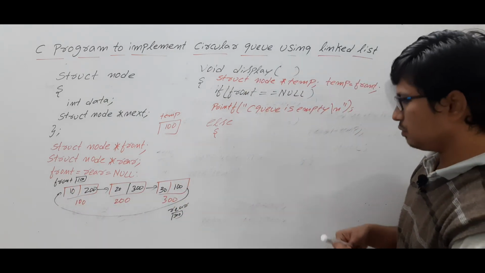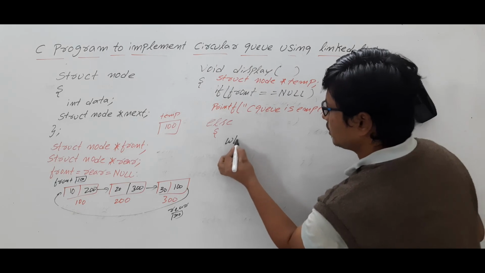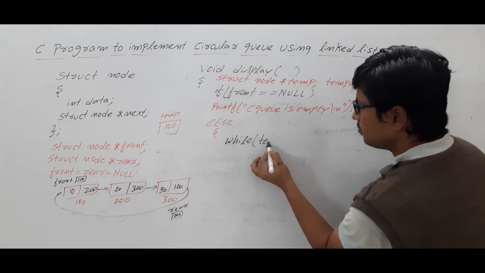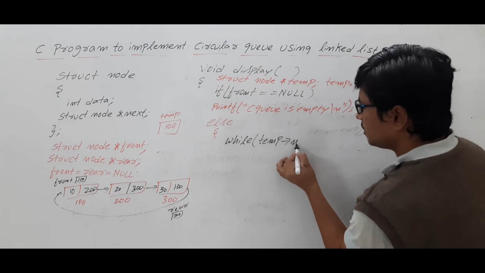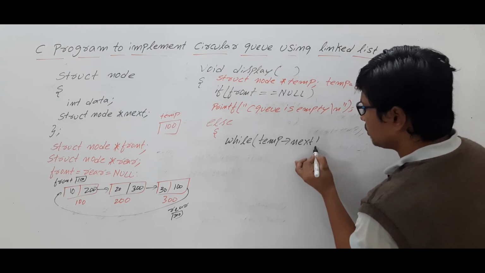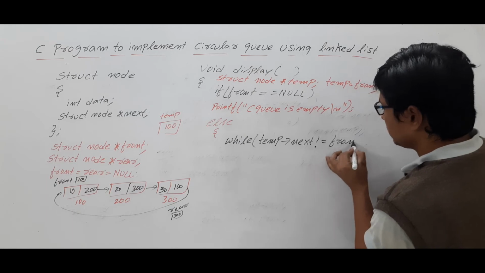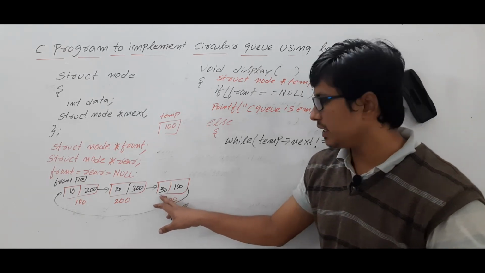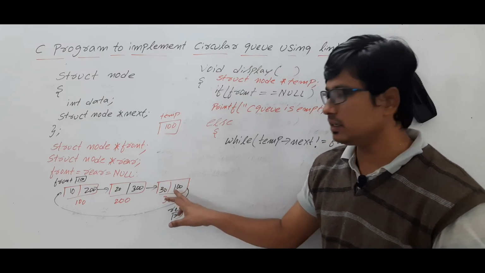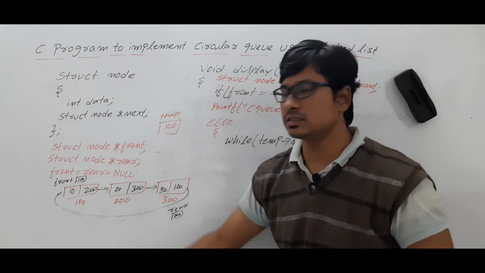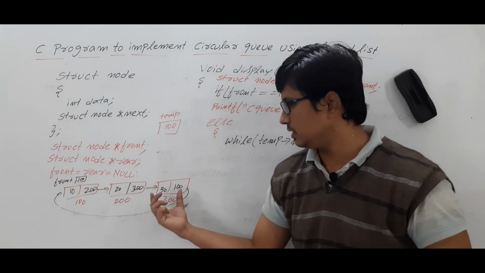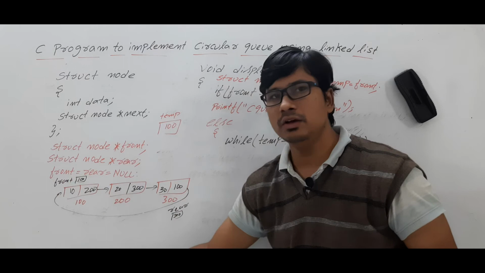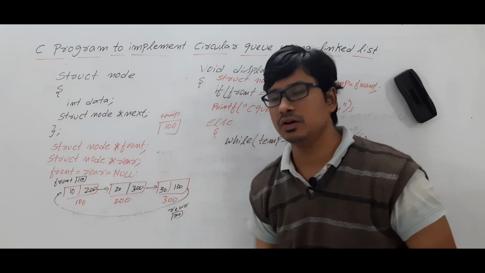So what I will do is write a while, temp of next not equal to front, because how can I see the last node? For the last node, temp of next, which is 100, is equal to front, then it is the last node. Am I right? The last node's next will be pointing to the first node, which has the address called front.